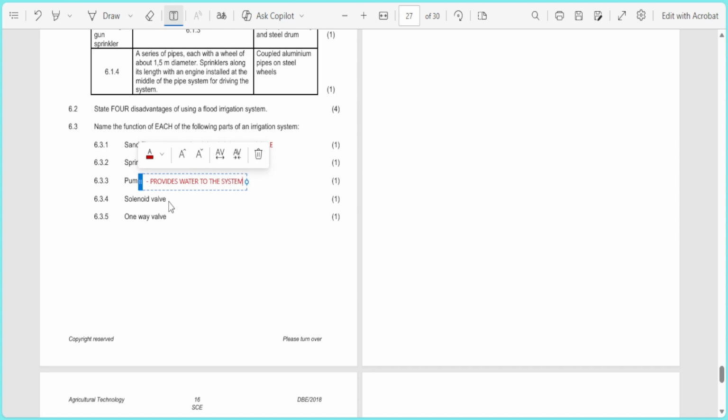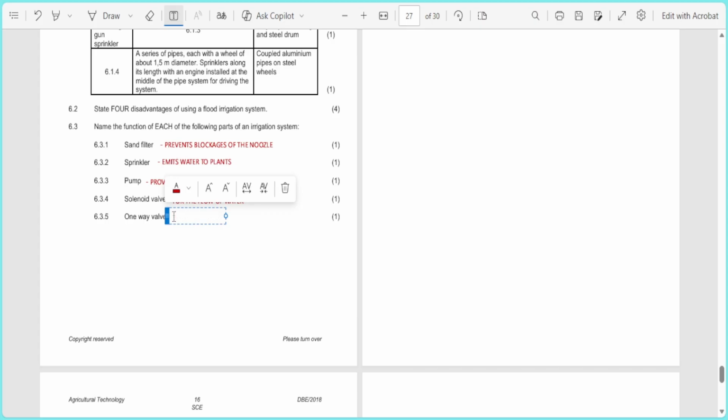The solenoid valve is responsible for the flow of water. The last one prevents backflow, so it prevents the water from going back. Okay, so these are the functions. Easy.